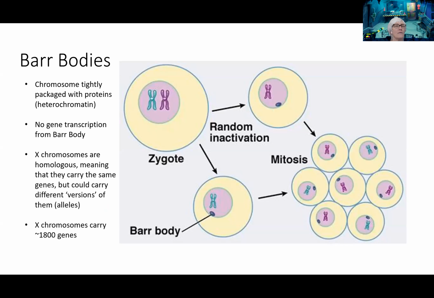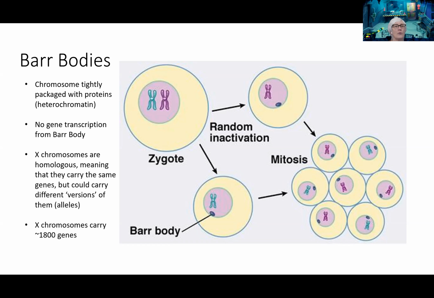The first of them requires a review of what bar bodies are. If you remember, females have 2 X chromosomes, one, I'll say it's the blue one in this image, that has been inherited from dad, and the other, the pink one in this image, that has been inherited from mom. 2 X chromosomes is one too many.